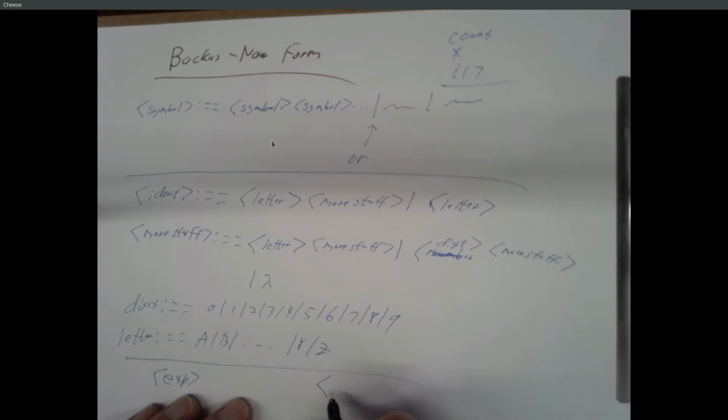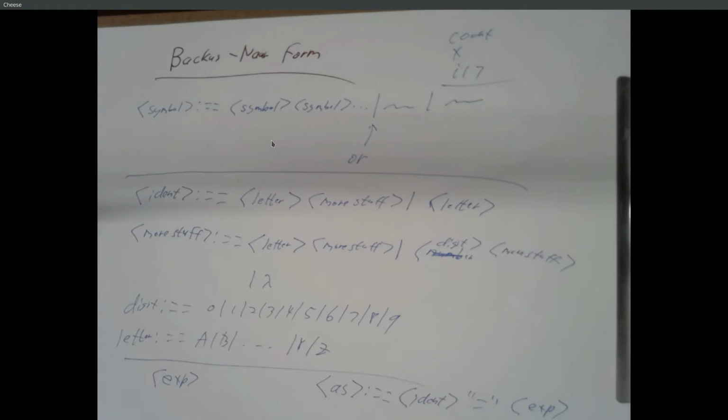And then I could describe an assignment statement as being an identifier, followed by an equal sign, followed by an expression, followed by a semicolon. Now I have the BNF for an assignment statement in C: an identifier, an equal sign, an expression on the right-hand side, and a semicolon.